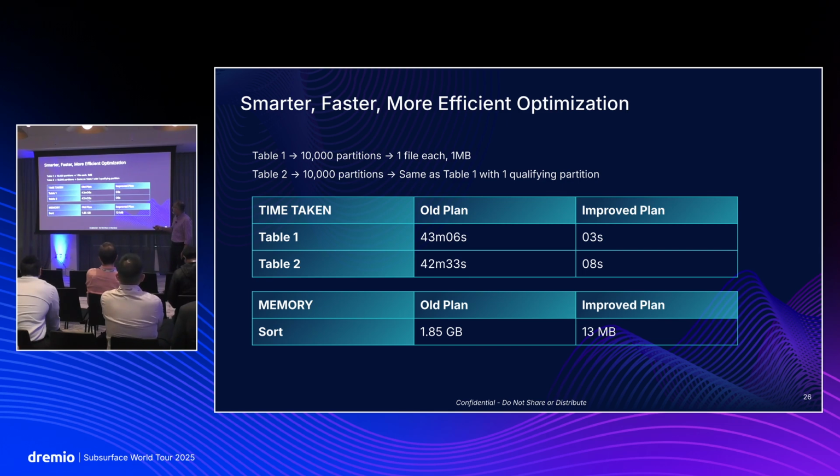Table 2 had only one partition that needed some work. We can do it in 8 seconds. And this is the memory requirement: earlier it was 1.85 GB, and now it is 13 MB. This optimization of the optimize command is going in version 26.1, and is also available in Dremio Cloud.